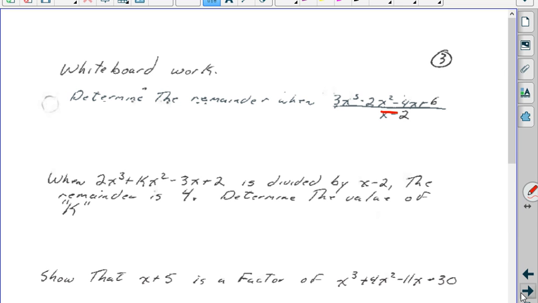We're going to use an offshoot of the factor theorem tomorrow to figure out which one to test. I'm going to test 1, 2, 3, and 6 and -1, -2, -3, and -6 because they are factors of 6. So please do the whiteboard work.